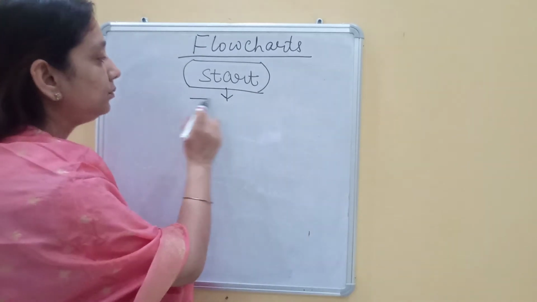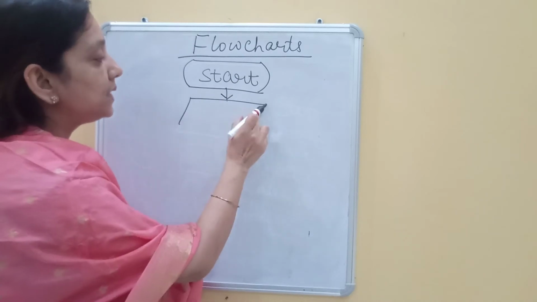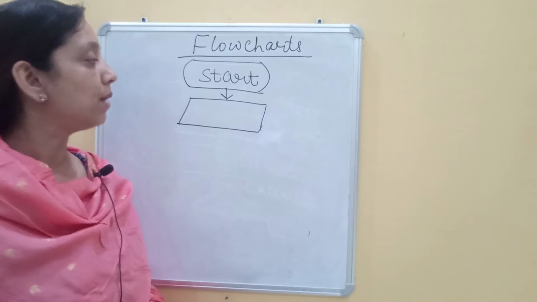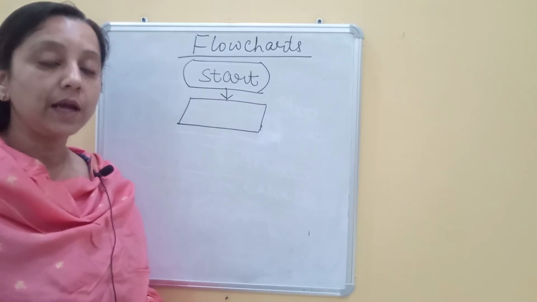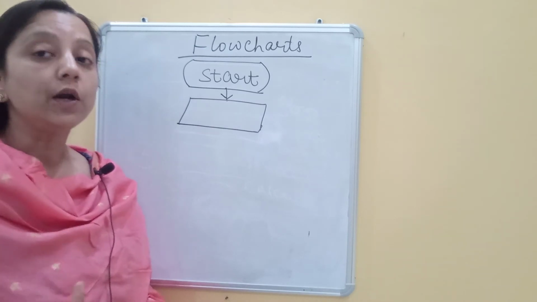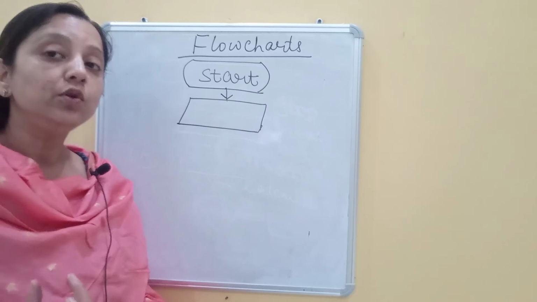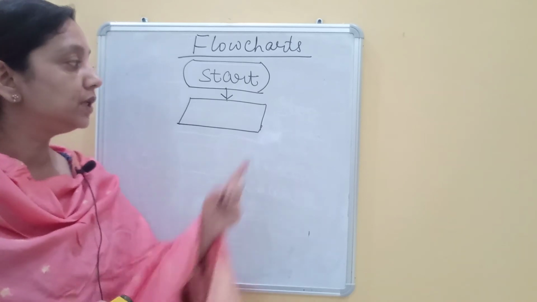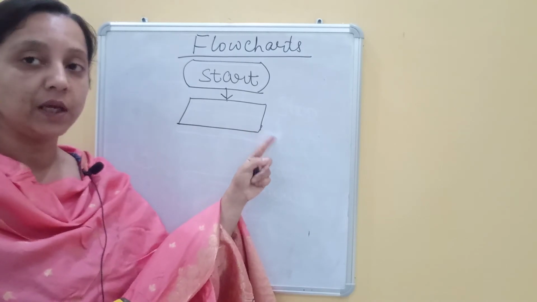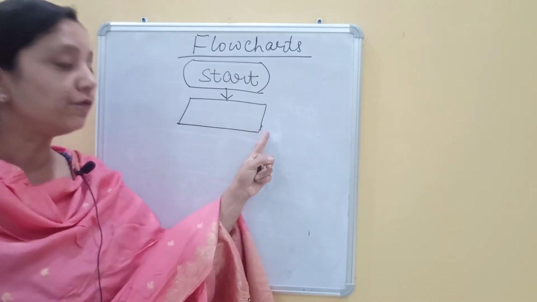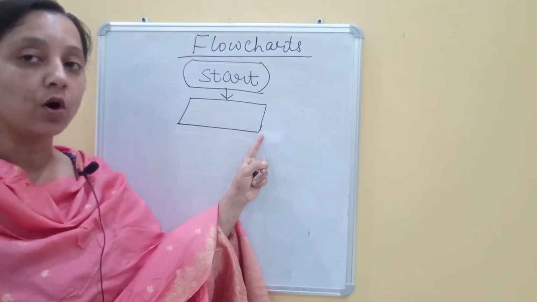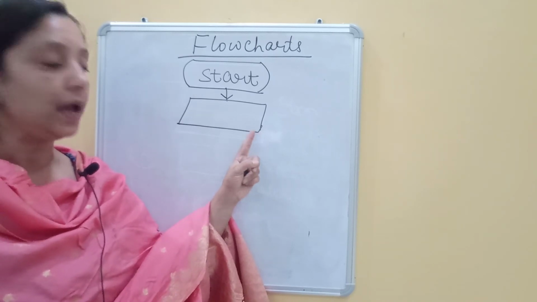Next, okay. Now what does it say? It says produce the sum of two numbers and display it to the end user. Now in order to produce the sum, I need to know what those two numbers are. So I will use the input and output box for reading those two numbers from the end user.